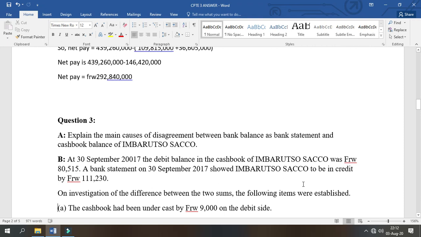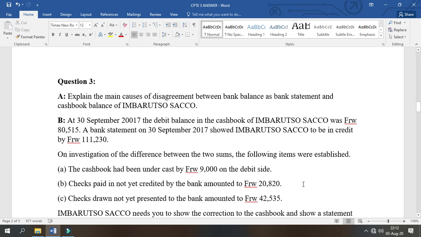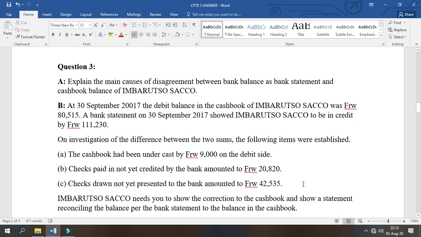On investigation of the difference between the two sums, the following items were established. A. The cash book had been undercast by Rwandan franc 9,000 on the debit side. B. The checks paid in not yet credited by the bank amounted to Rwandan franc 20,820.